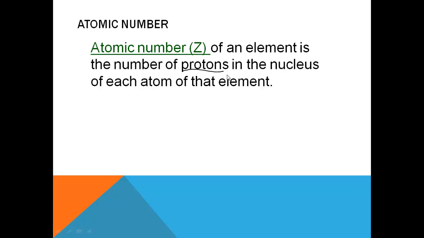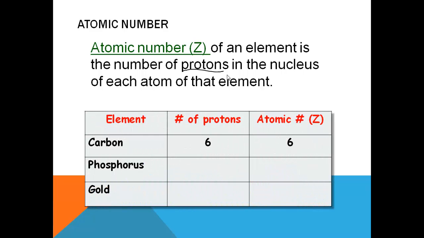If we look at the periodic table, the atomic number is the number on the top of the square. So if you look on your periodic table, find carbon, which is abbreviated C. If you look, there's a number above the C, the symbol. That number is a 6. That is the atomic number, and that equals the number of protons.